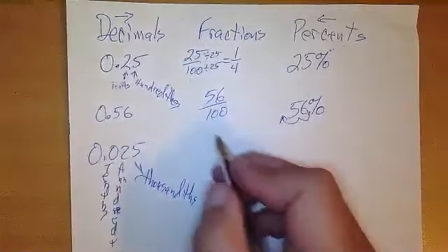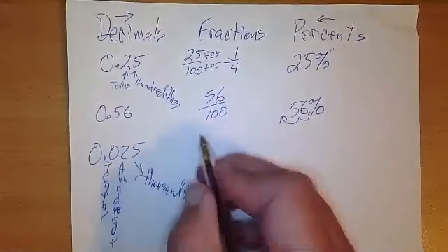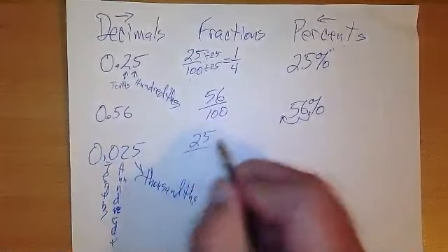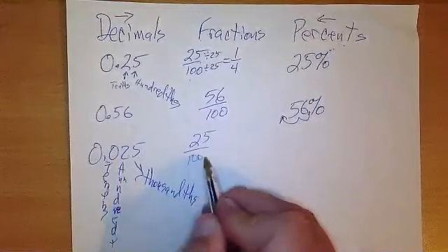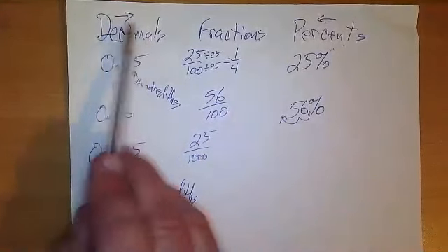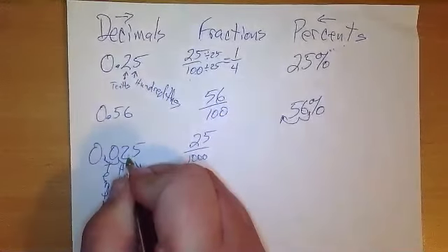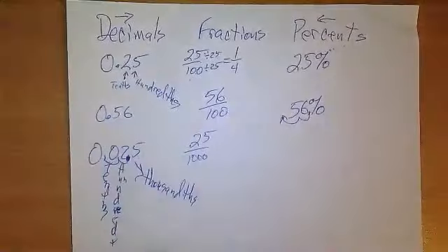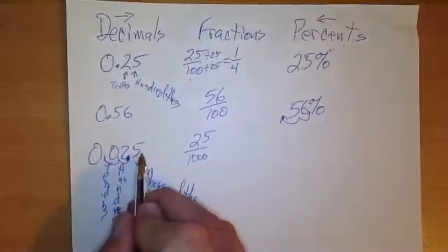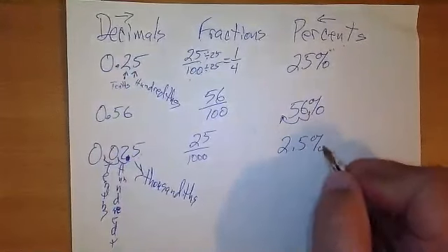So how many do we have here? We have 25. So we're going to be able to say 25 thousandths. Okay. Now remember, converting from decimals to percents, we're going to go right. So we're going to go right 2 spaces, and the decimal point moves to here. So I have 2.5, but now it's in the proper form to be 2.5%.